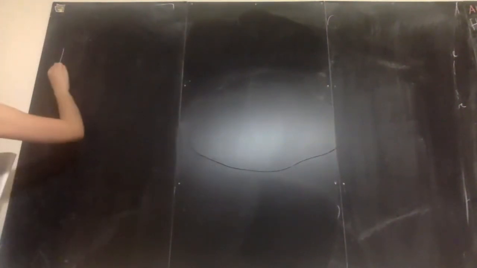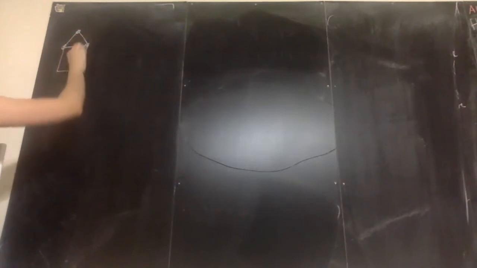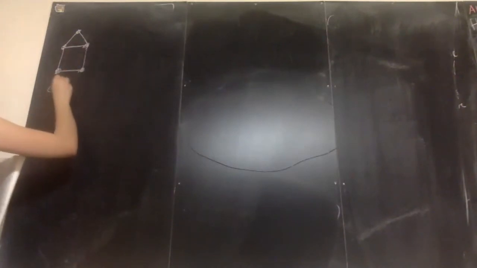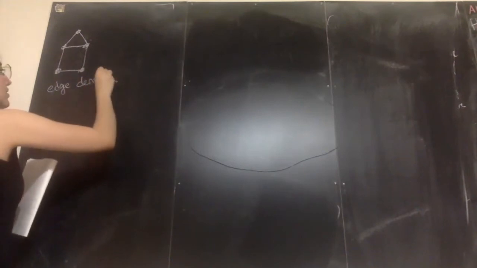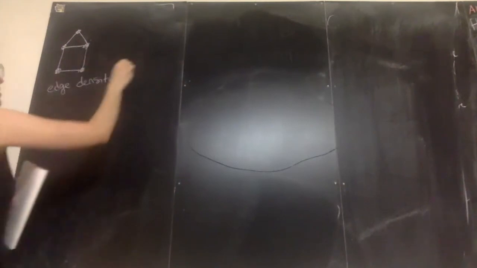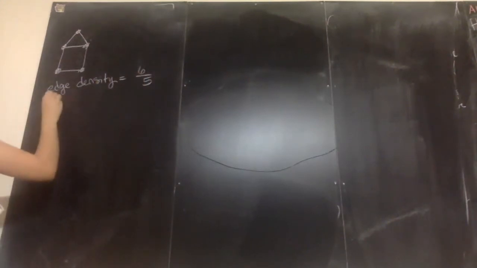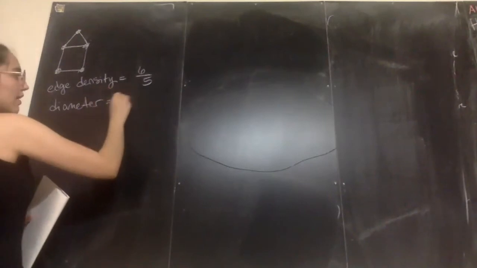So we're going to look at 5 nodes like this, which has an edge density of 6/5 and a diameter of 2.